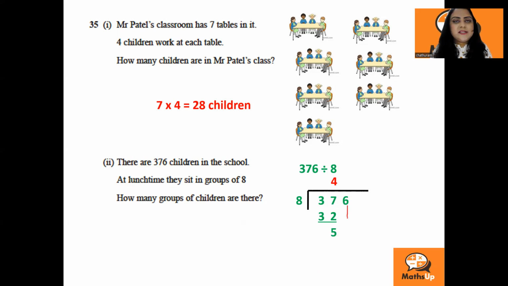Then you can take 6 closer to the remainder 5. Now it is 56. 56 has exactly 7 8s. So 7 times 8 is 56. No remainder. No remainder means your division is done. It's finished. So the answer is 47. So you can form 47 groups.